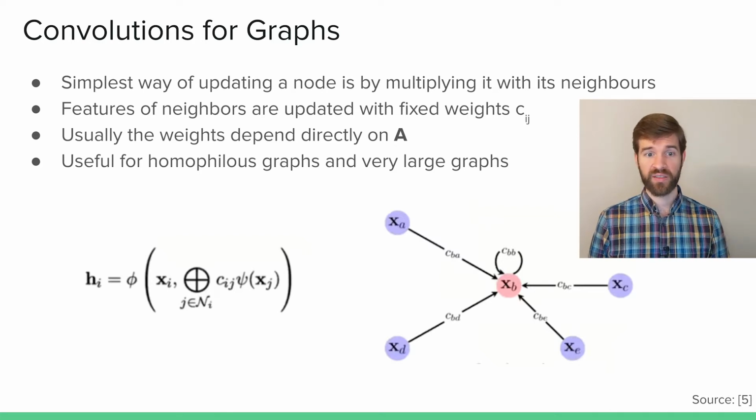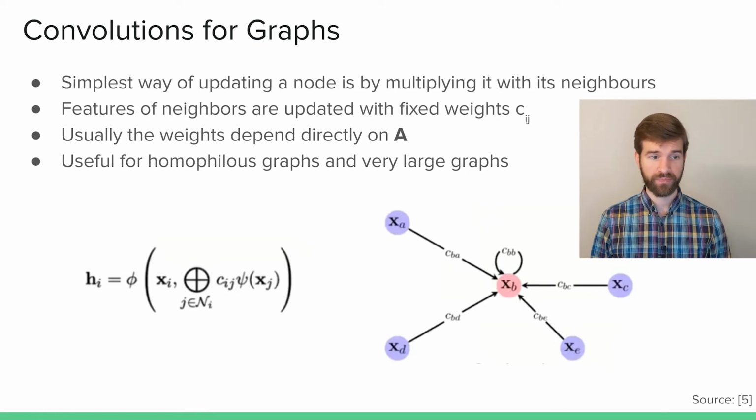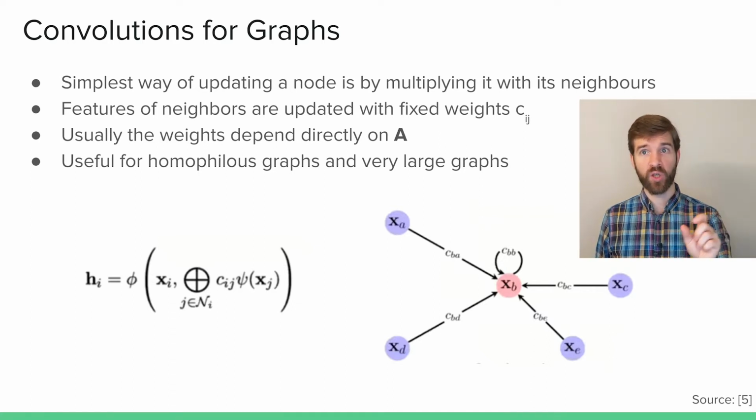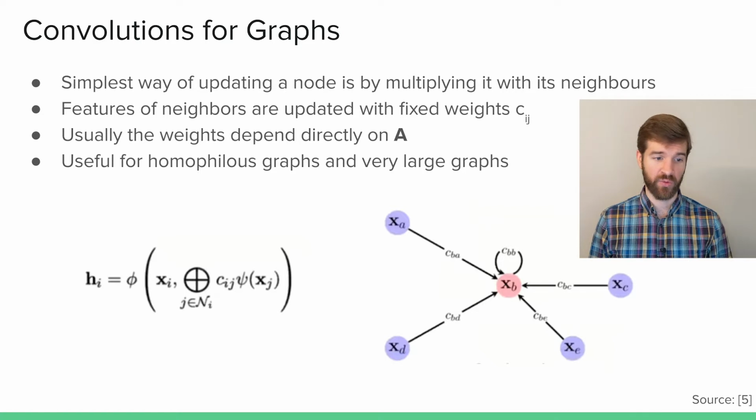It's a fixed weight and it usually depends directly on the adjacency matrix A. In the simplest case, it is the adjacency matrix, so we add up all the features of our neighborhood whenever there is an edge to them. This is useful for homophilous graphs, where similar nodes are often linked together, and for very large graphs, because this operation scales very well.